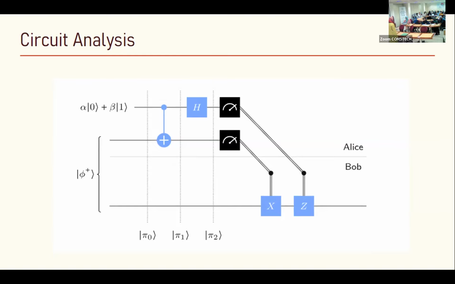Let me repeat. What happened here is that we reached here, and now we know that we're getting answers 0, 0 with 25% chance, 0, 1 with 25% chance, 1, 0 with 25% chance, and 1, 1 with 25% chance.